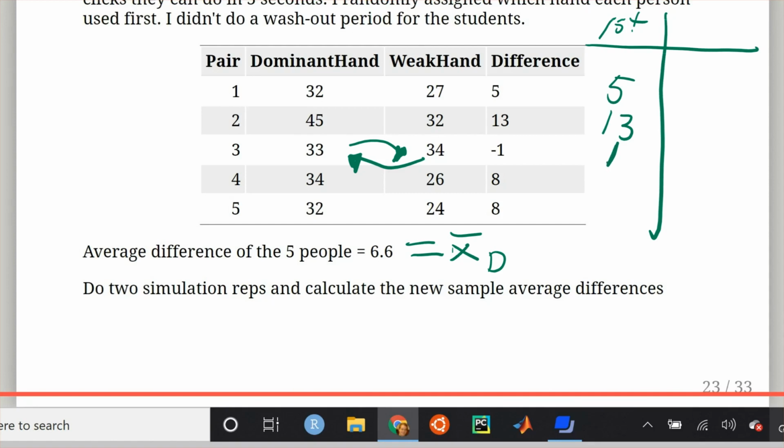Student 4, I got a tails, so I'm going to keep 34 first and 26 second. And student 5, I got a heads, so I'm going to switch these two measurements. I'm going to have 24 minus 32 equals a negative 8.